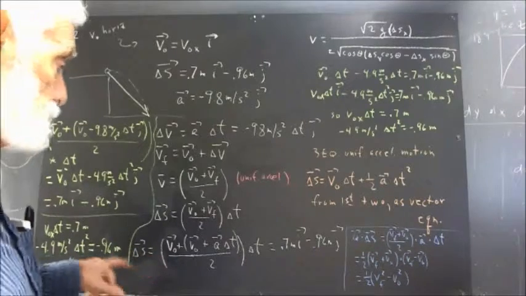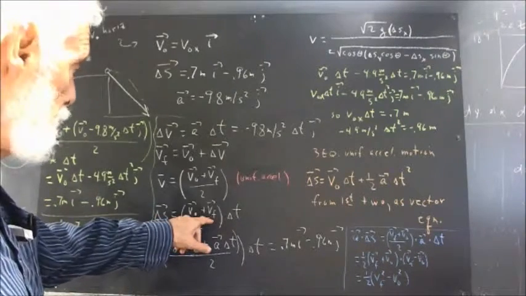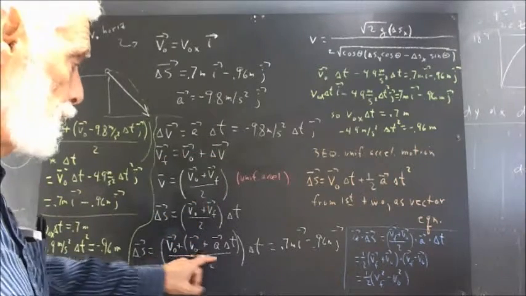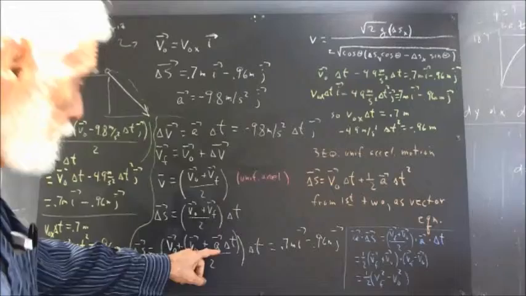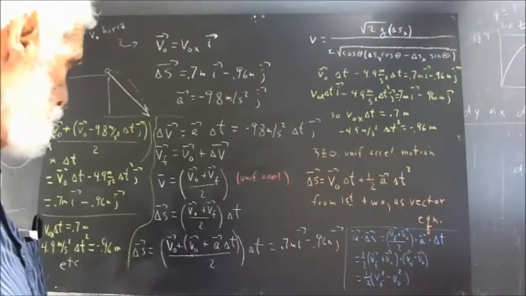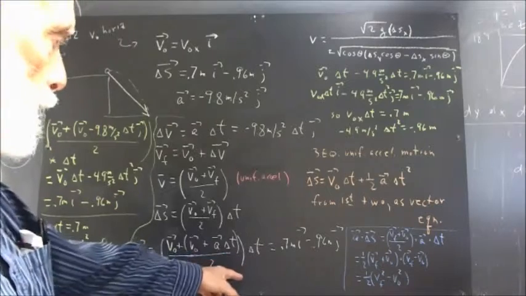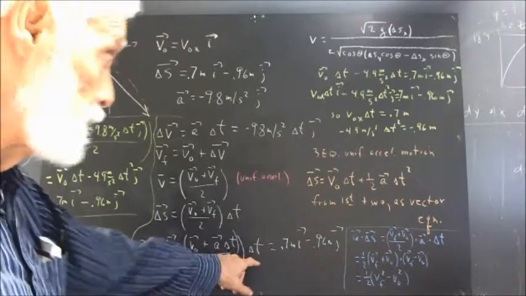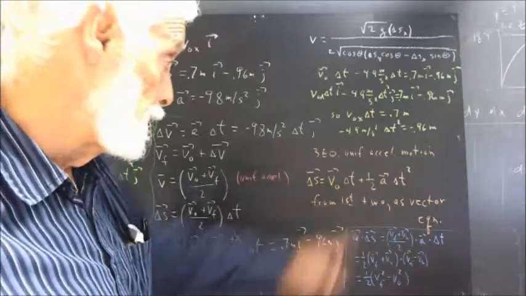Now, of course, Vf is V naught plus delta V, so we can replace Vf here with V naught plus delta V, but delta V is a delta t. We put all this together in one simple step. We get 2 V naught over 2, multiplied by delta t, so we have V naught delta t.